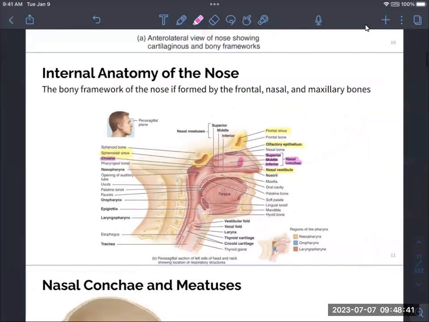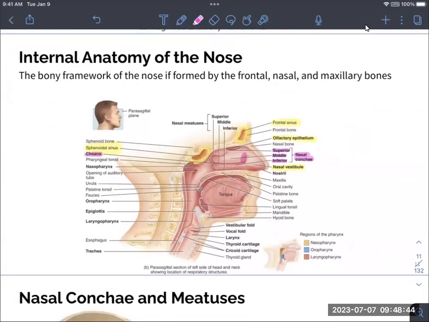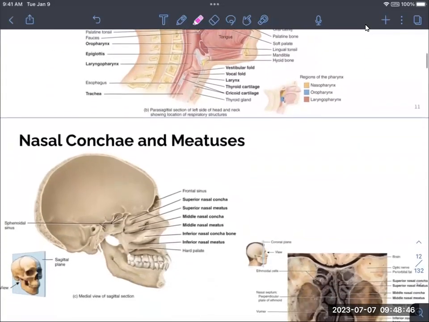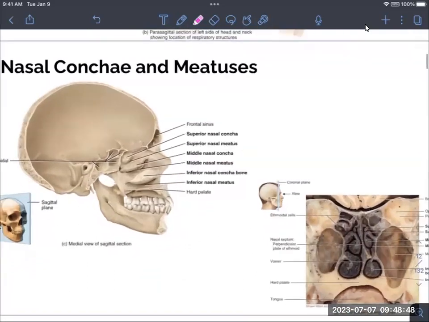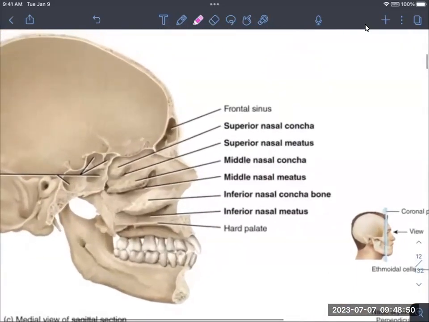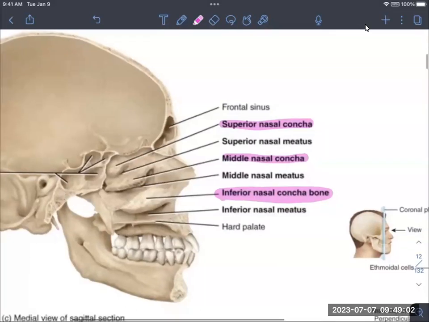So this is all happening in our nose. Here we can see a nice drawing. You can see the superior nasal concha, middle nasal concha, and inferior nasal concha. Those are the actual portions of the bone that stick out.